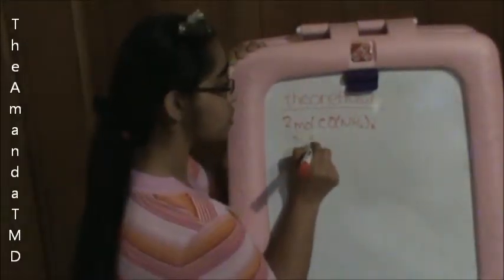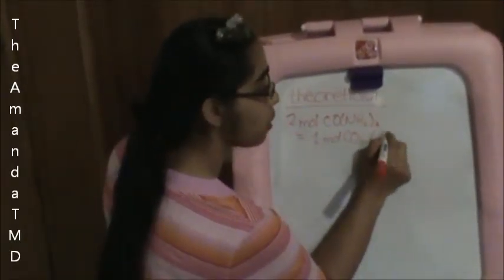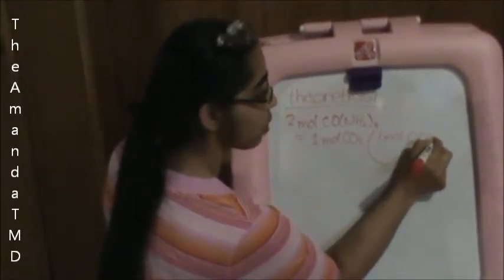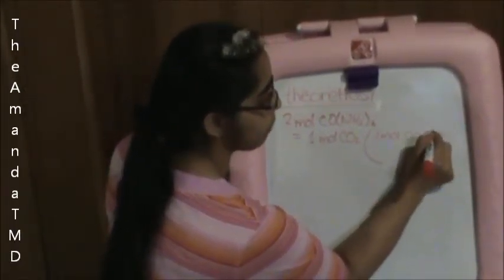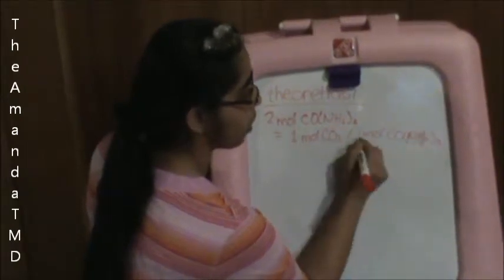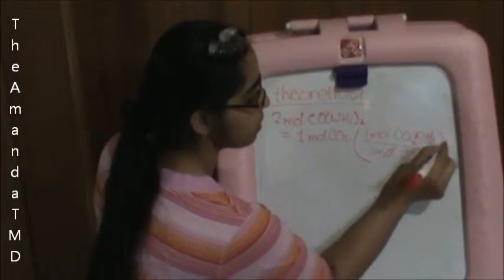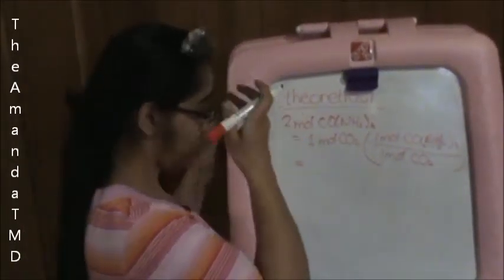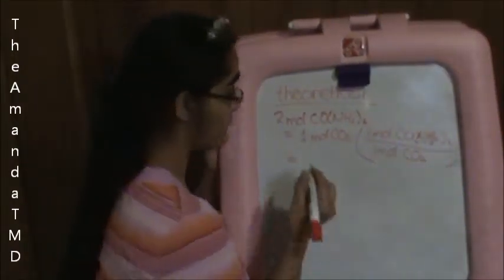So this is going to be equal to 1 mole of CO2, which has reacted, times 1 mole of urea that forms per 1 mole of CO2 reacted, and that gives you the number of moles of urea, which is 1 times 1 over 1, which is 1.